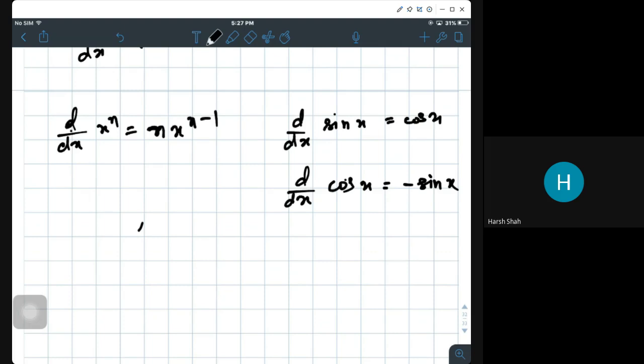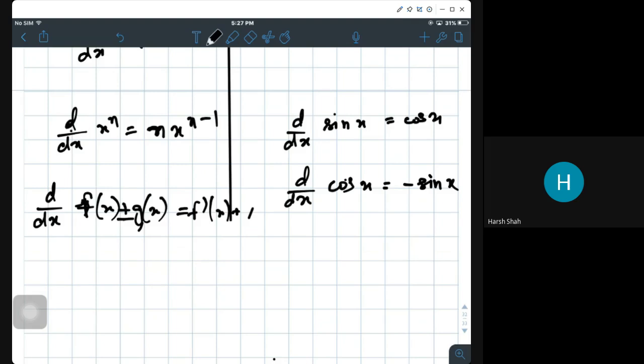Okay, d by dx of ax plus b, or d by dx of f(x) plus g(x). This you can break in the middle. You can write it as f dash of x plus or minus g dash of x. Right? Okay.